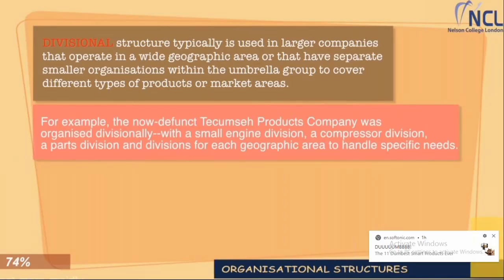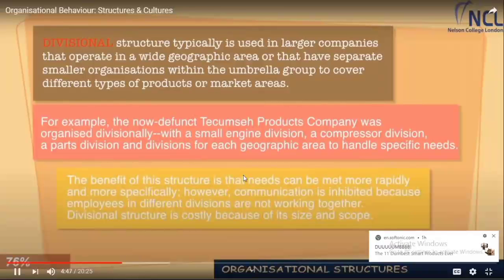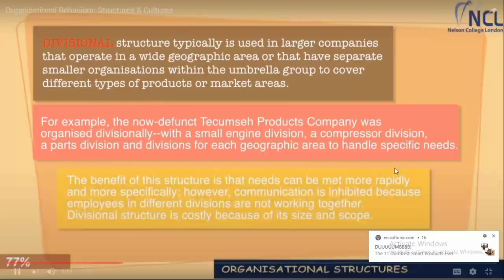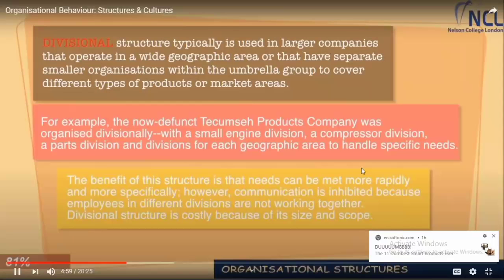For example, the now defunct Technosave Products Company was organized divisionally with a small engine division, a compressor division, a parts division, and a division for each geographic area to handle specific needs. The benefit of this structure is that needs can be met more rapidly and more specifically.